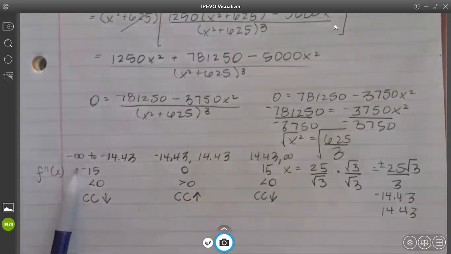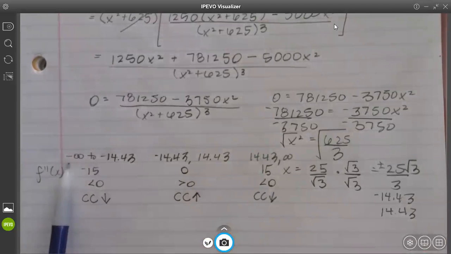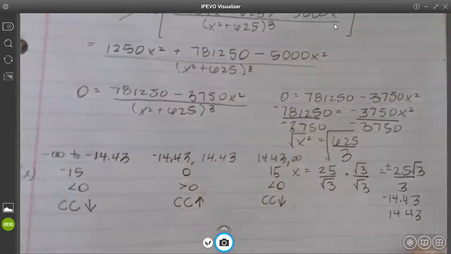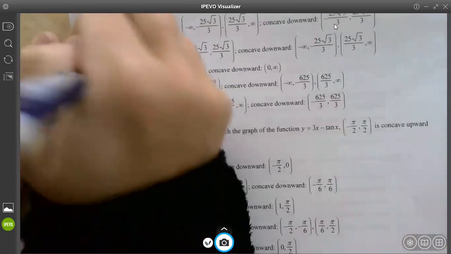So negative infinity to negative should be concave down. So that eliminates A. And if we look at B, it says concave up, negative to positive, which is true. And then concave down, negative to the negative and positive to positive infinity. So our answer is which one? B. Everybody got it? All right, so again, this one is B.